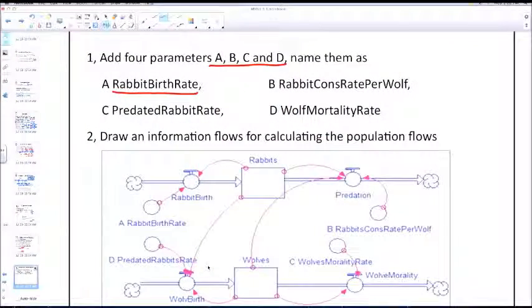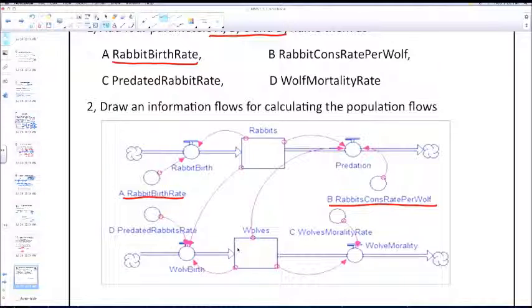But another convention is the convention for computer programmers. We write a program for human beings to read. We use a long name called rabbit birth rate for this A, and the rabbit death rate for this B, consumed by the wolf, and the C is this wolf.